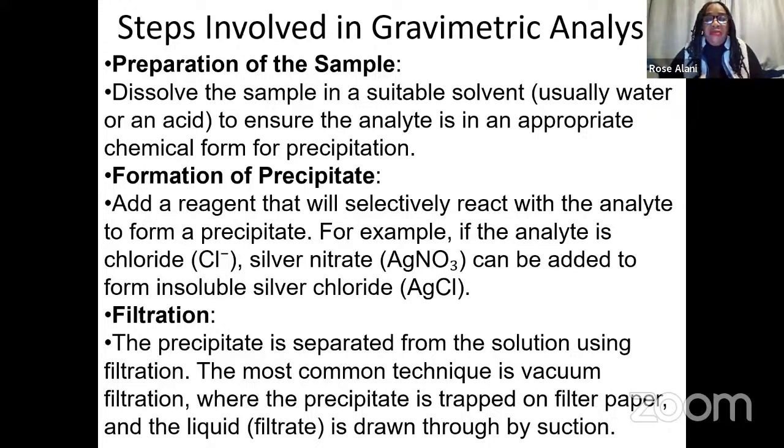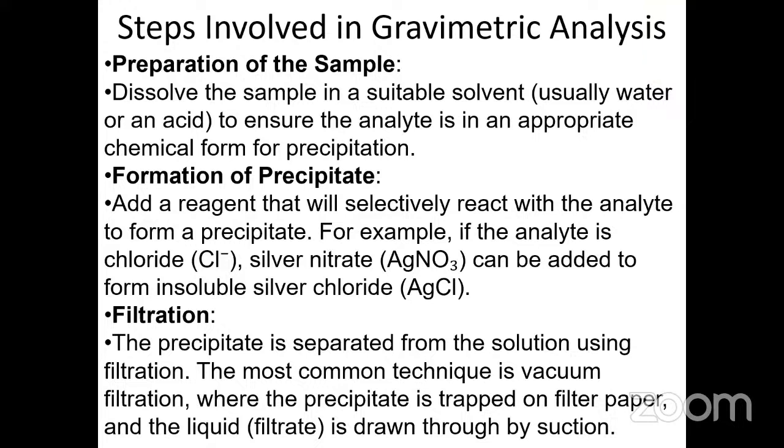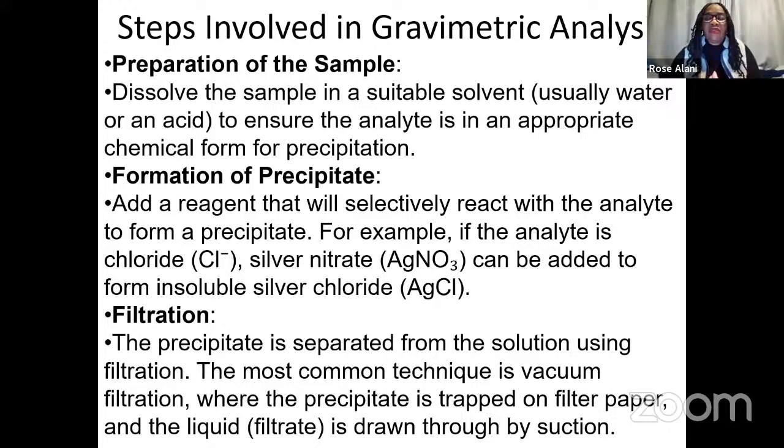When we add silver nitrate to the solution containing our chloride, a reaction will take place, and then we have silver chloride, which is solid. That's the precipitate that we'll have, silver chloride.